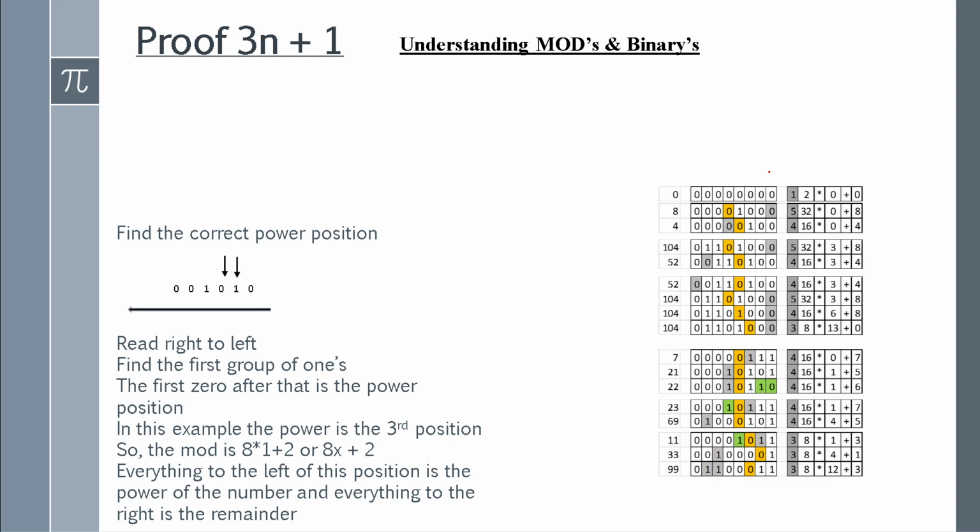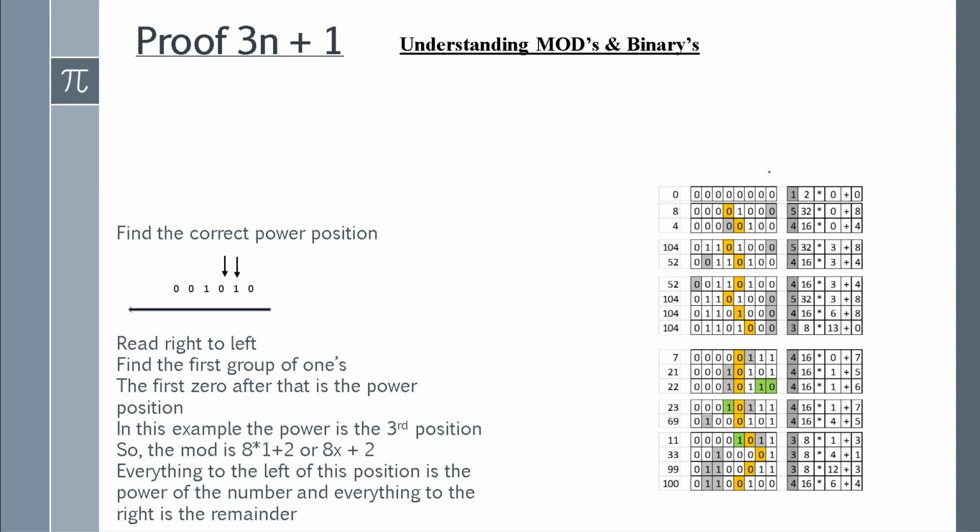And then we multiplied 33 by 3 and we add 1, we still do not change the power of that number. The one that we added stays on the remainder side.